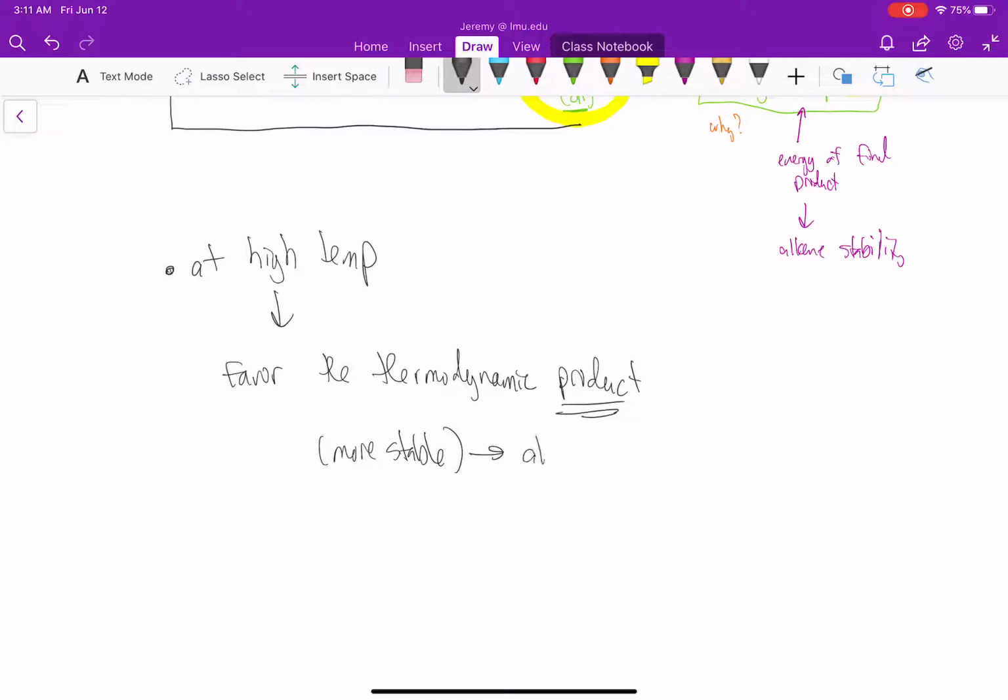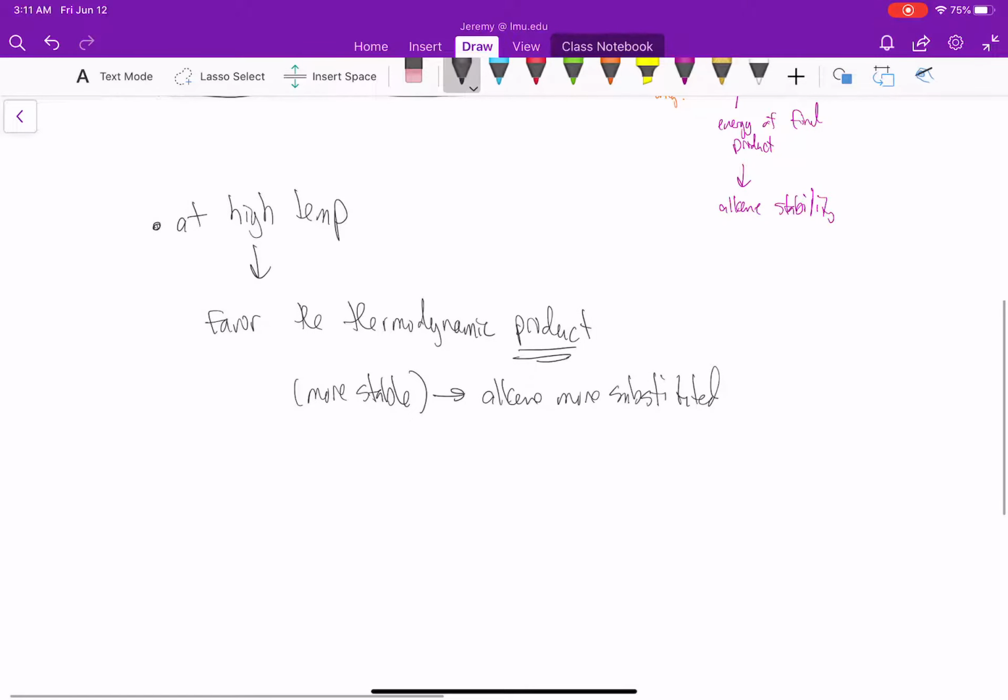Which will be the alkene that is more substituted. At low temp, we're going to favor formation of the kinetic product.